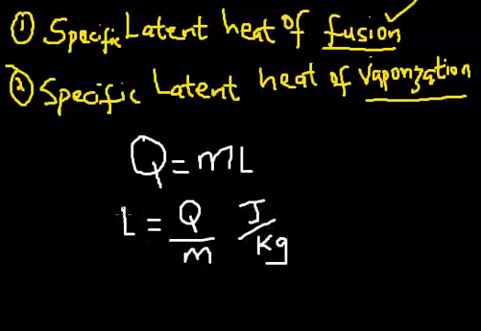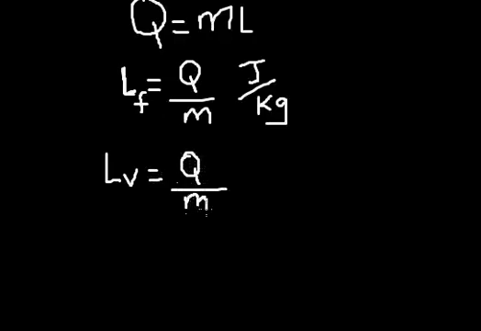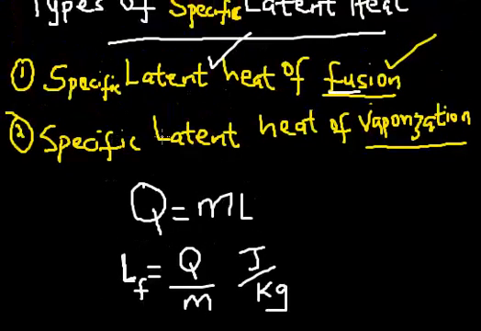If I use the symbol LF, I am talking about the specific latent heat of fusion. If the symbol is LV, it still holds the same formula, but I am referring to the specific latent heat of vaporization.